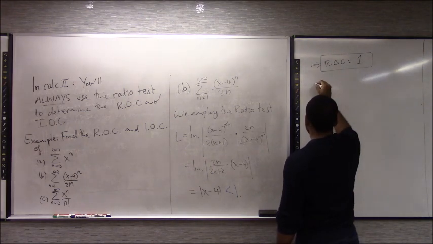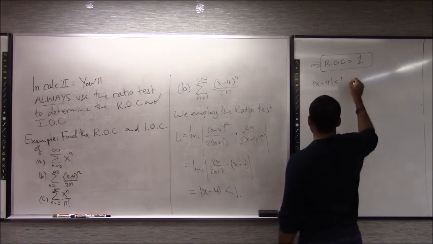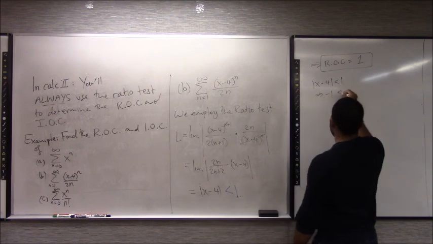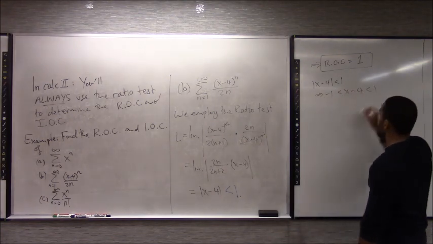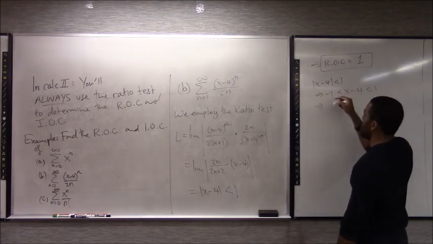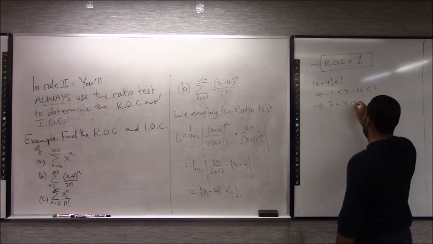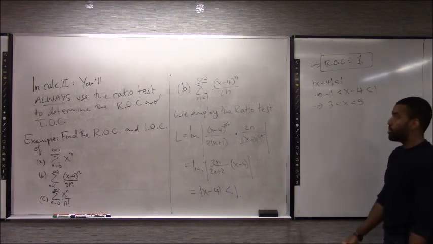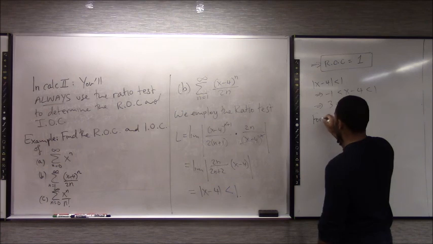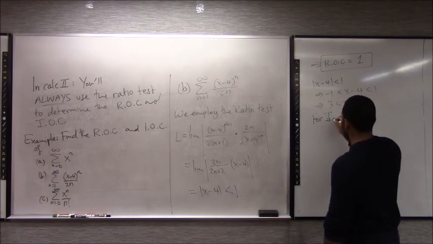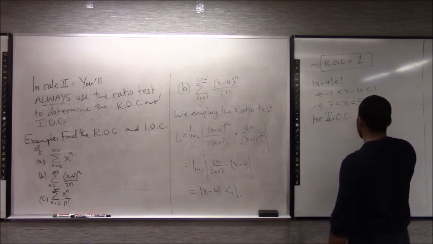Now, since the absolute value of x minus 4 is less than 1, this means minus 1 is less than x minus 4 less than 1. This means if I add 4 everywhere, my x is between 3 and 5. Now, for interval of convergence, check endpoints.